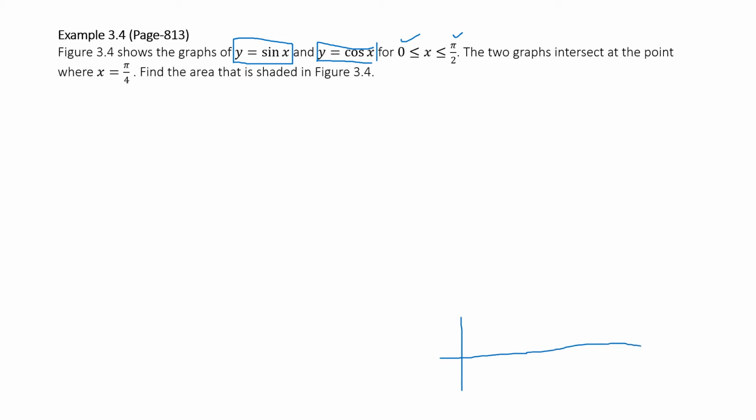This is sine, because the amplitude here is 1 and also 1, and then this will be pi by 2, this will be pi, and this will be 2 pi, and here it will be 270 degrees or 3 pi by 2.